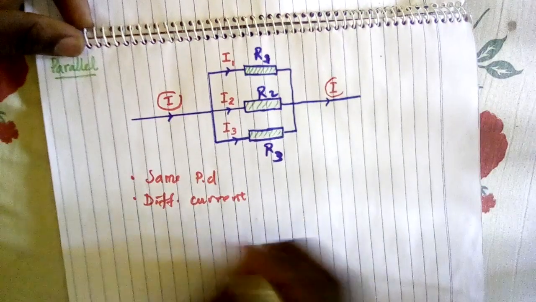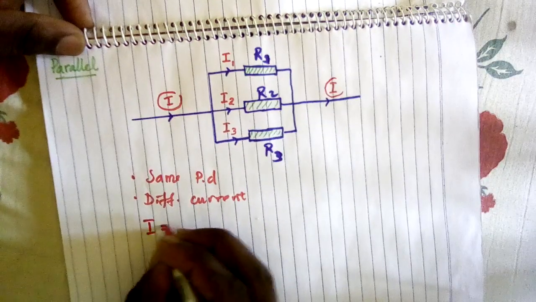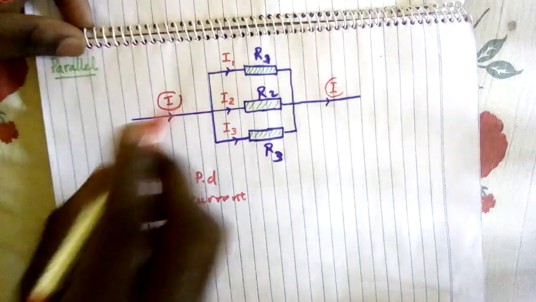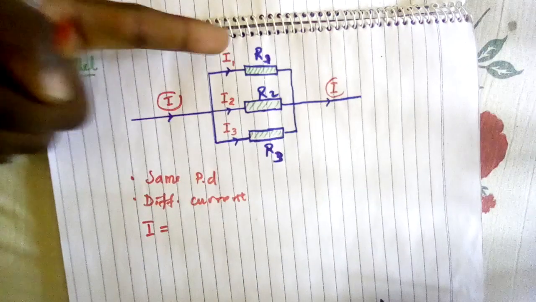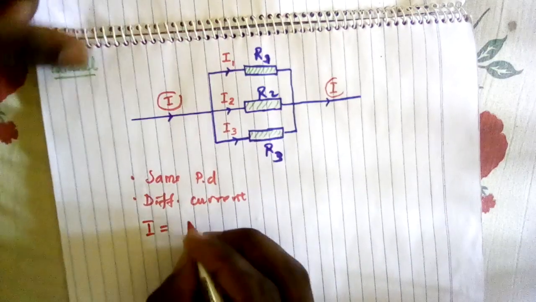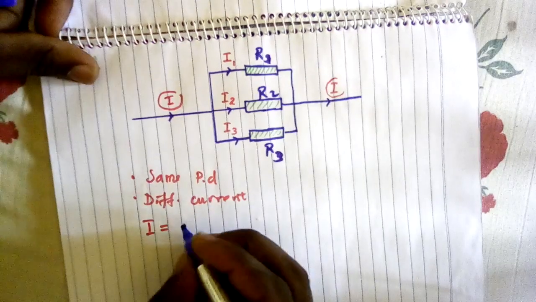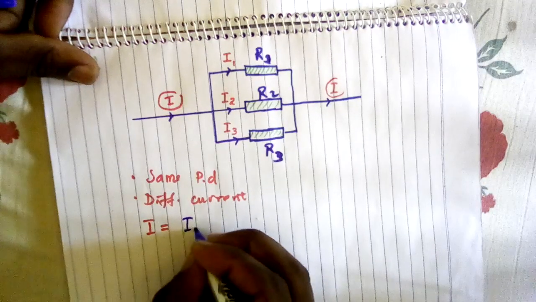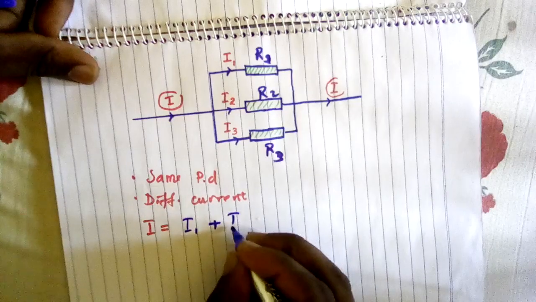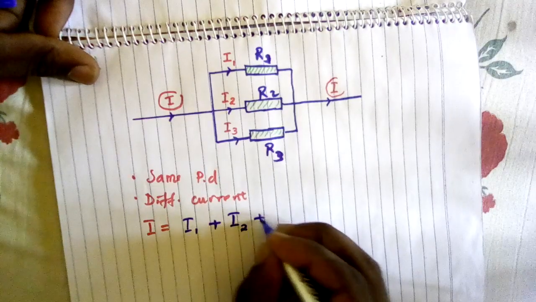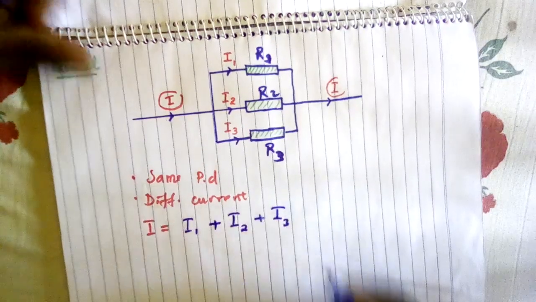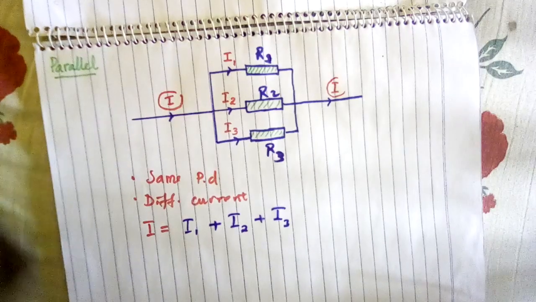So we know that the total current is the sum of all the currents flowing through the three resistors. So this is basically I1 plus I2 plus I3. That's clear.